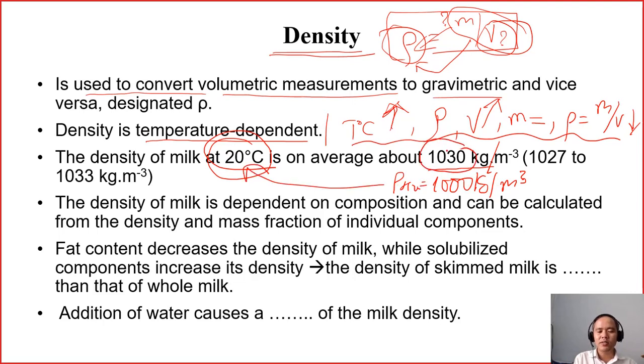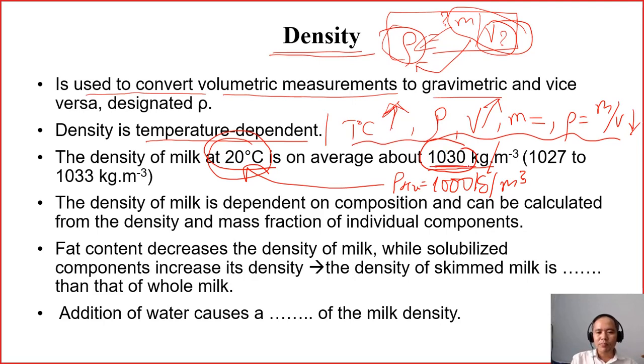It's 1030, which means that the density of milk is higher than that of pure water, because milk doesn't contain only water but also a number of dry matter components like proteins, lactose, minerals, and so on. So they contain several components which are heavier than water. That's why the total density of milk is higher than that of water.